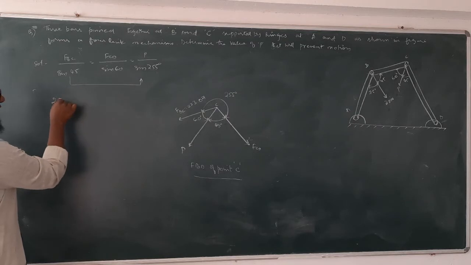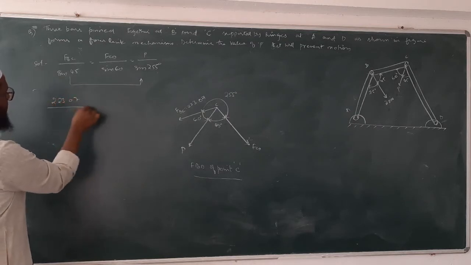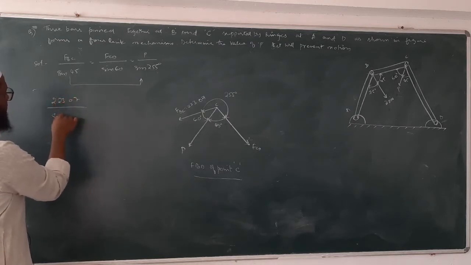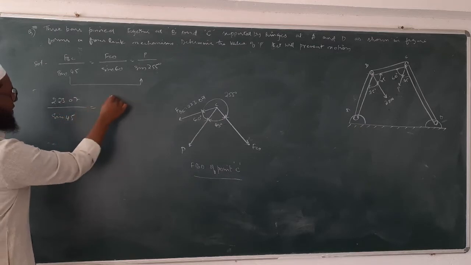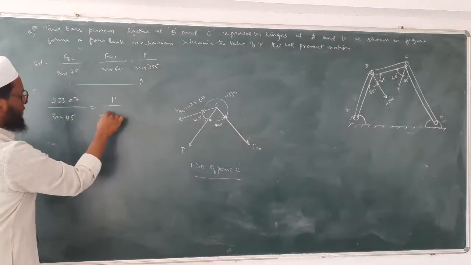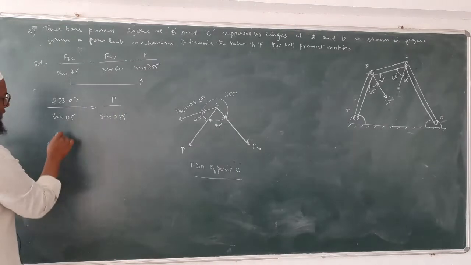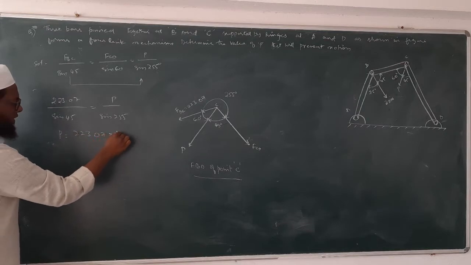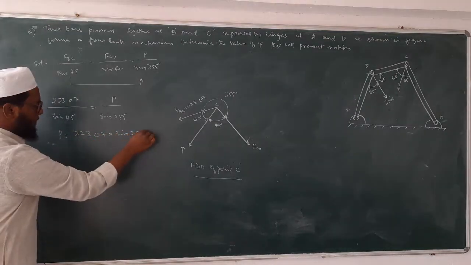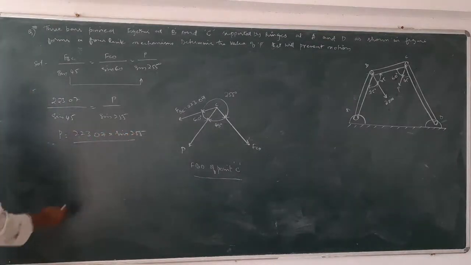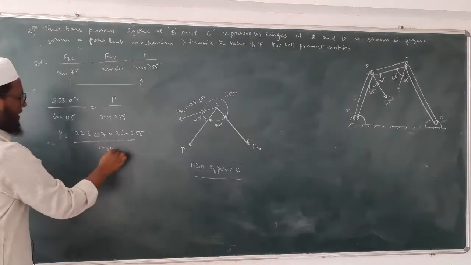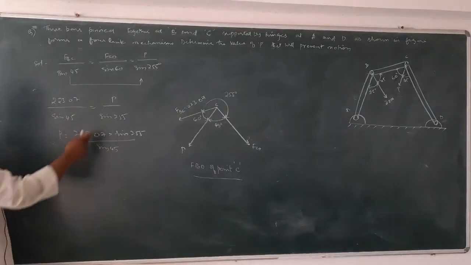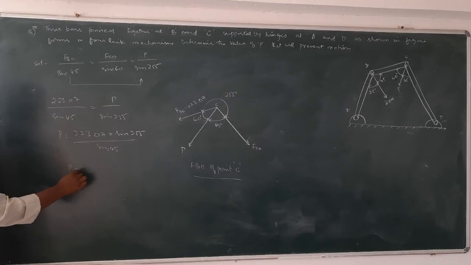So 223.07 divided by sine 45 is equal to P by sine 255. So P is equal to 223.07 into sine 255 divided by sine 45, isn't it? Just multiply. You will get some value.